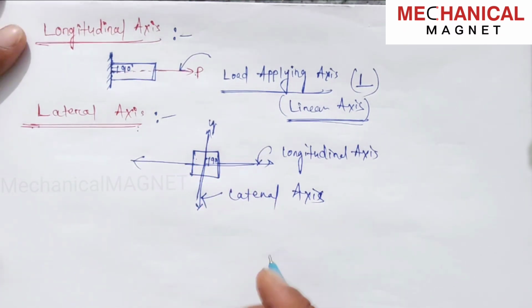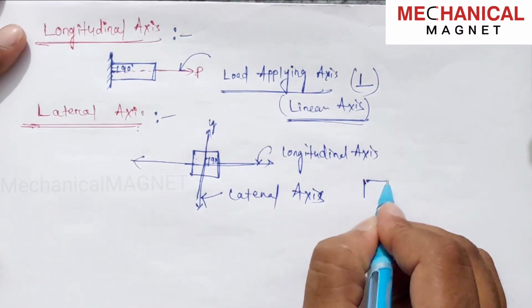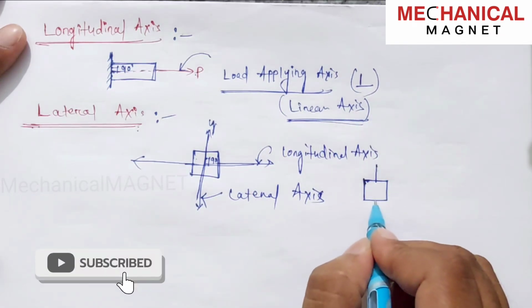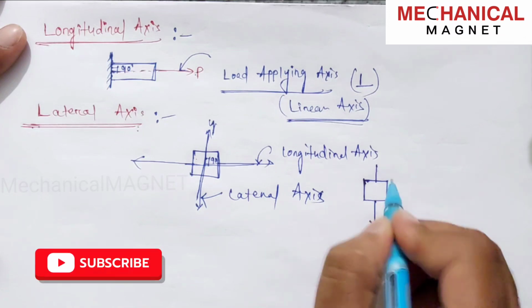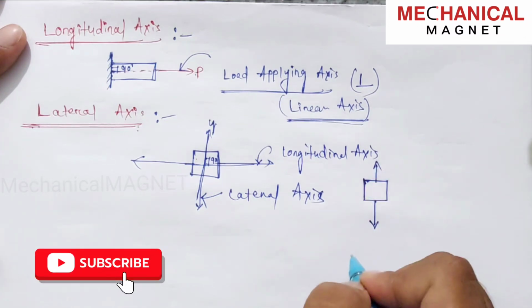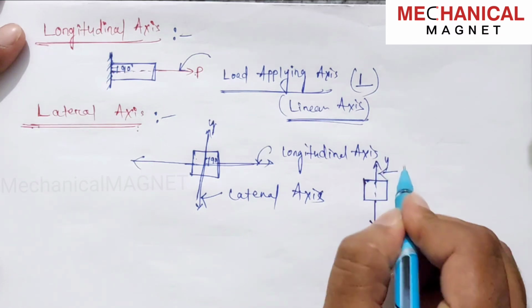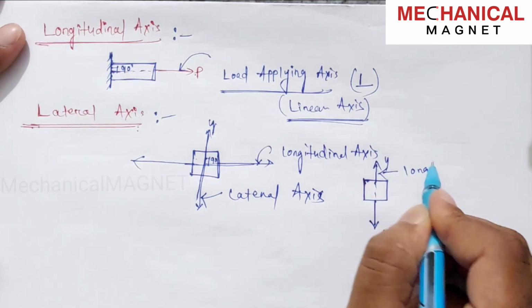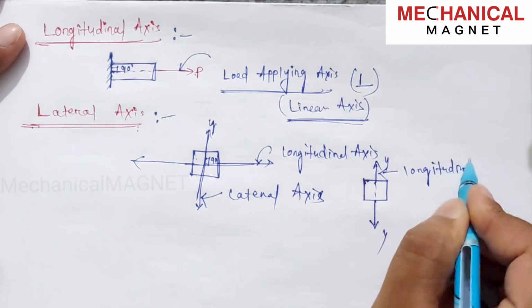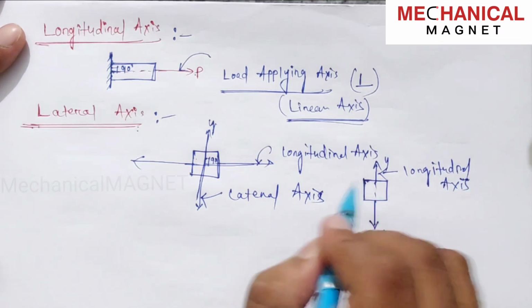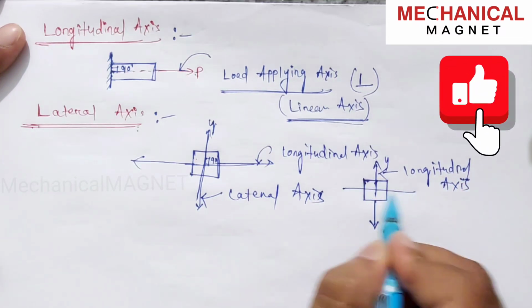Okay, suppose this is a figure or a body, and the force is applied vertically to the body like this. It will be the load applying axis at the y-axis, so this will be the longitudinal axis, and the axis perpendicular to the longitudinal axis is known as the lateral axis.